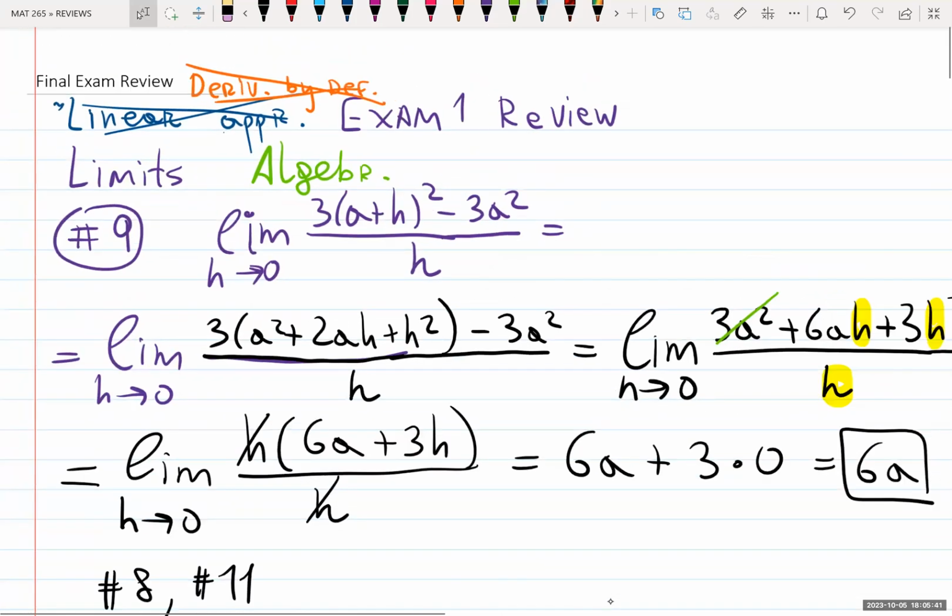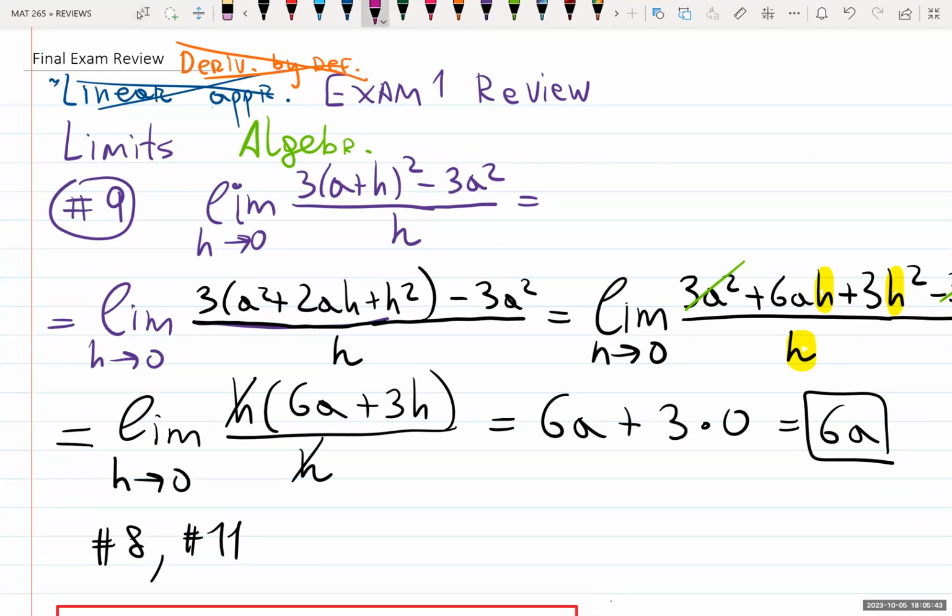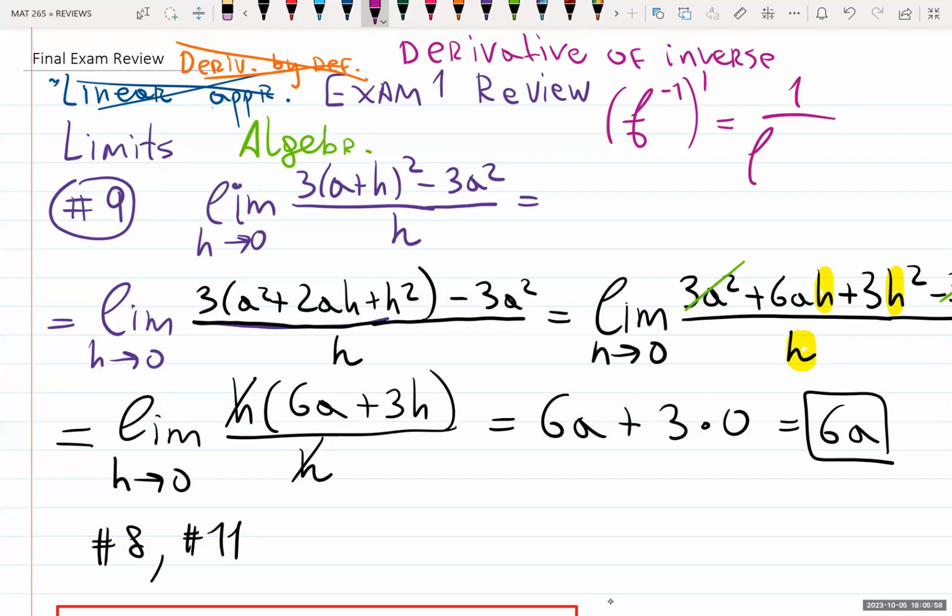So no, we put it here. It's the derivative of inverse. So just this formula, inverse prime is 1 over the derivative of the original at the inverse of A.